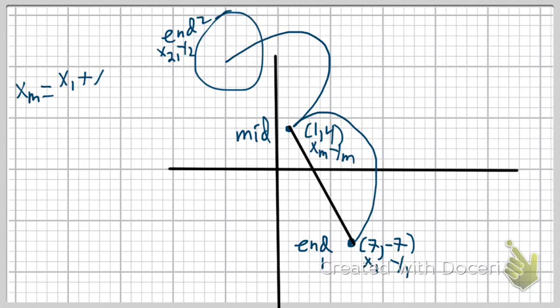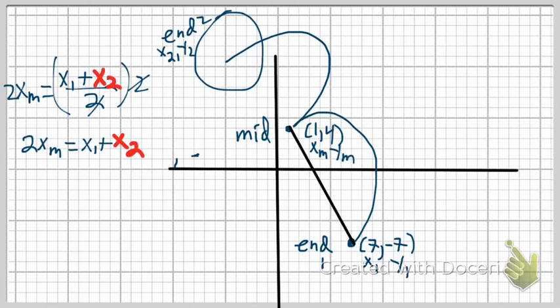Now, when we look at the midpoint formula, we see that it's already solved for the x value of the midpoint. Again, what we want is to solve it for x sub 2, because that's the missing piece. So we multiply both sides by 2, and we get 2 times the x value of the midpoint equals the x value of the endpoint plus our unknown.